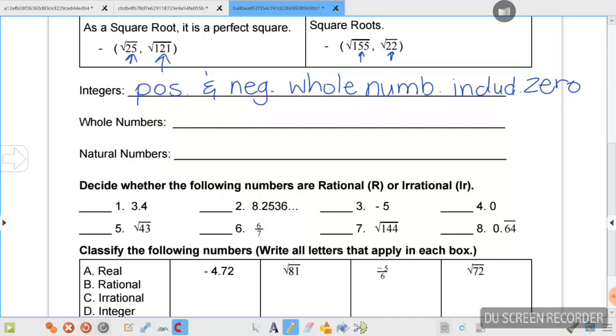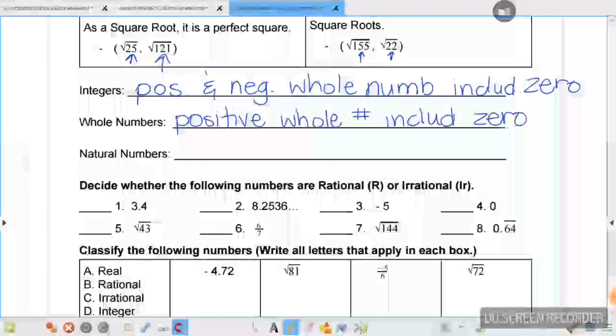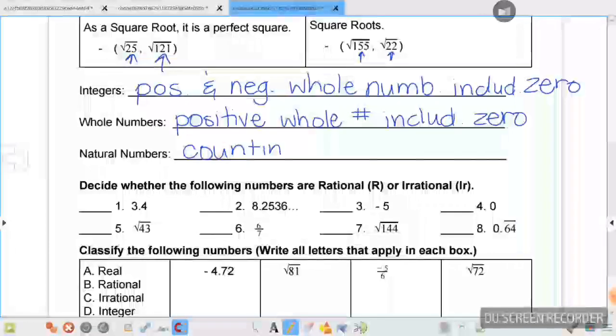Whole numbers are positive, including 0, and natural numbers are counting numbers. So basically whole numbers without the 0. Okay? So we're going to categorize numbers based on these.